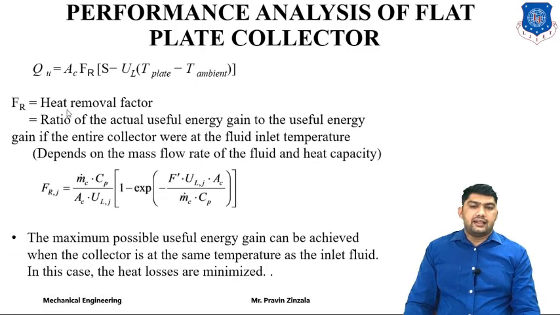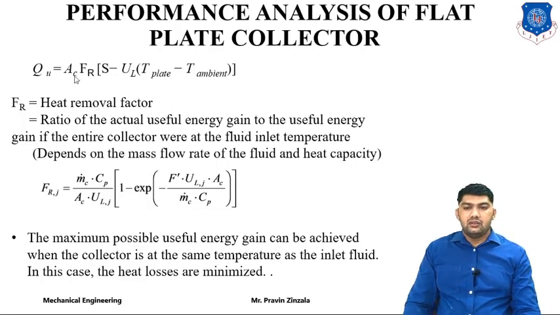In collector analysis, for maximum utilization of energy, we also have to specify the heat removal factor. Q is multiplied by the heat removal factor, FR. The remaining equation is the same: AC FR times, in square brackets, S minus UL, the total loss, times, in square brackets, plate temperature minus ambient temperature. The bracket is completed.